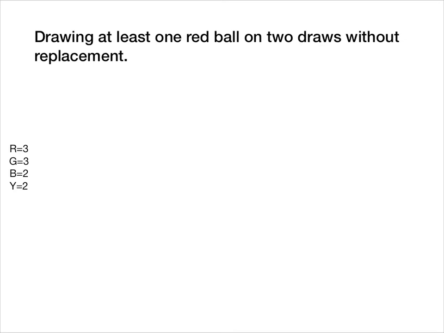Next, drawing at least 1 red ball on 2 draws without replacement. Let's see here. We have at least 1 red ball on 2 draws without replacement. Now, we can definitely do this 2 different ways. We'll try one here.